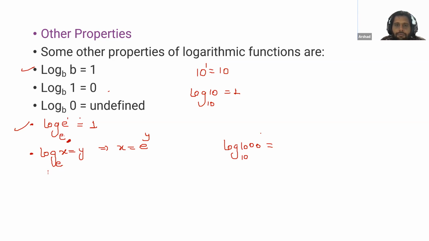That is 3. Very good. So in exponent form, how can we write this? 10 power 3 is equal to 1000. The same thing we have written here. Here we have e. E to the power of y should be equal to x.